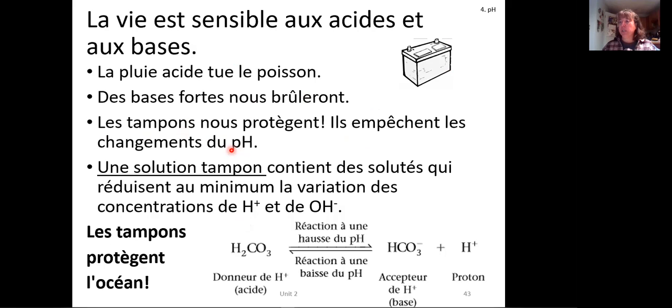So a buffer contains a solution that can neutralize the hydrogen and the hydroxide ions. Buffers also protect the ocean. We will learn more about this in ecology.